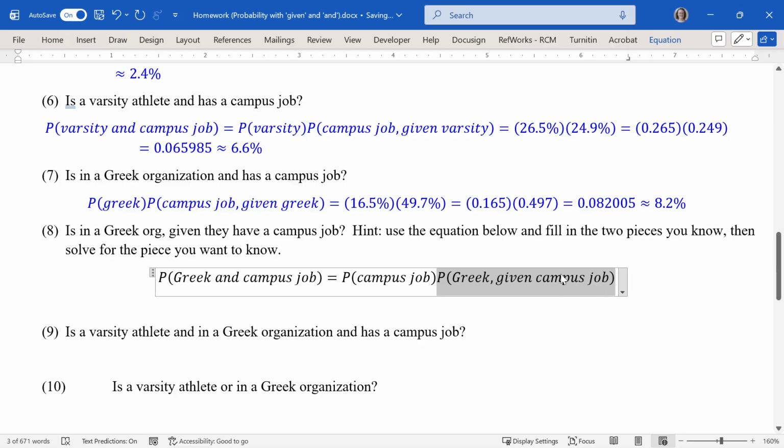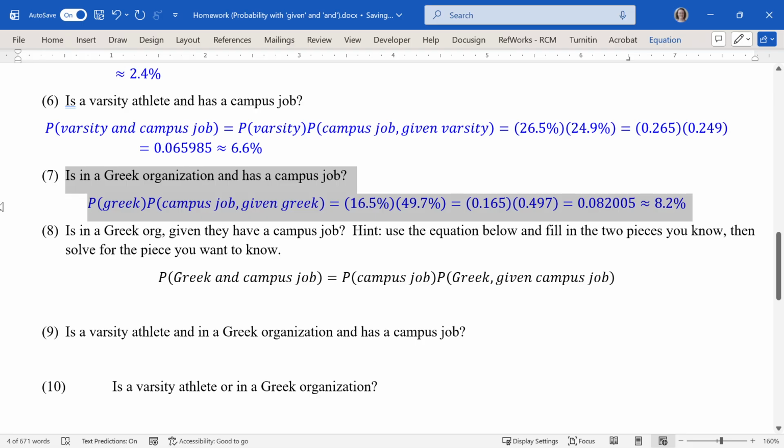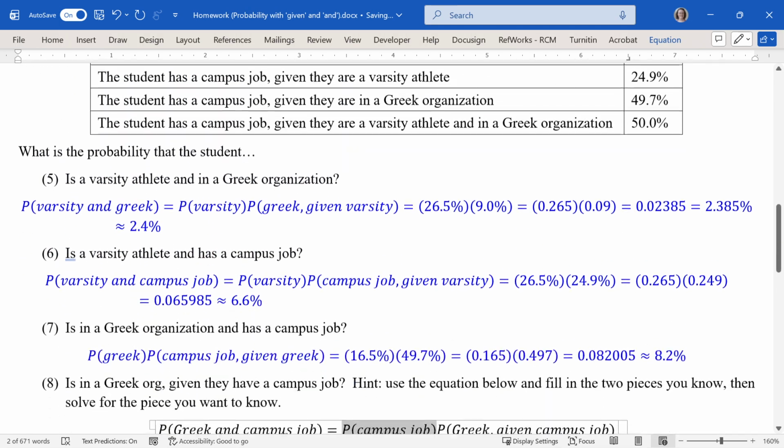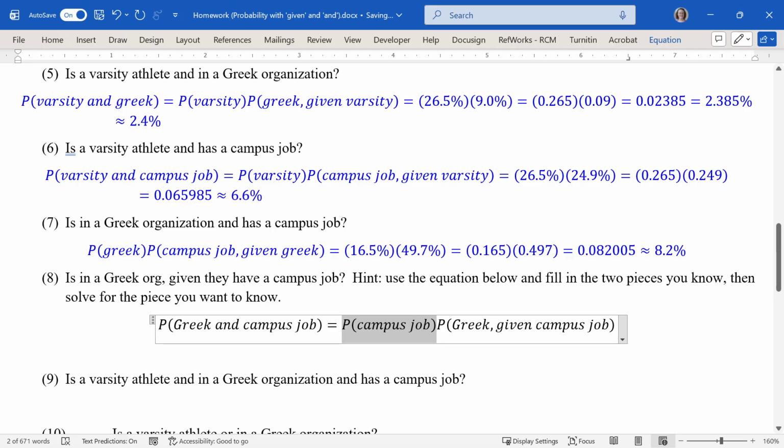And this is the actual part right here, the part that we're trying to calculate. We can do it by knowing these other two parts and then solving for it. We do actually know probability of Greek and campus job, because that was number 7. And we do know probability of campus job, because that's in the table. So if we know 2 parts, we can solve for the 3rd part.